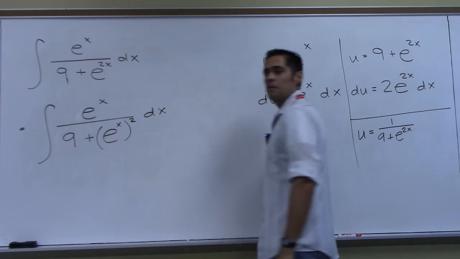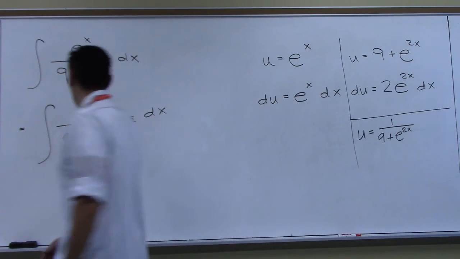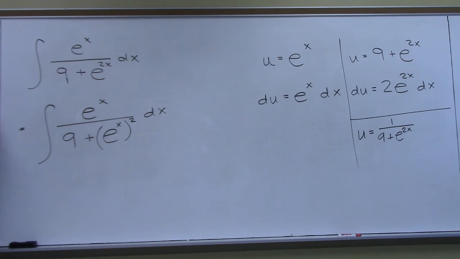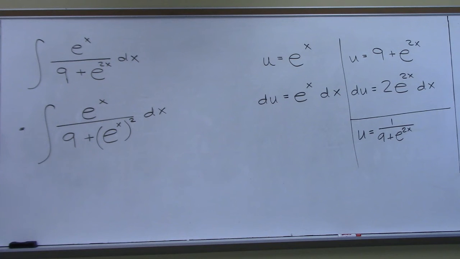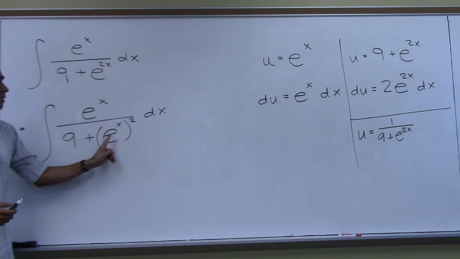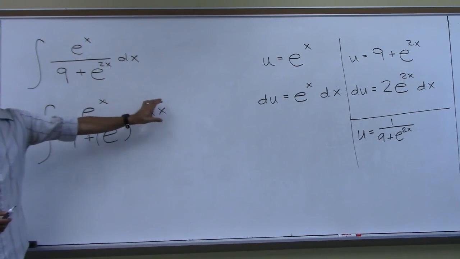Isn't that the same thing? Isn't e to the 2x the same as e to the x, squared? Because you just multiply these two together, 2 times x is 2x. Now, if this is your u, the derivative of e to the x would be what? e to the x dx, which you have right here.